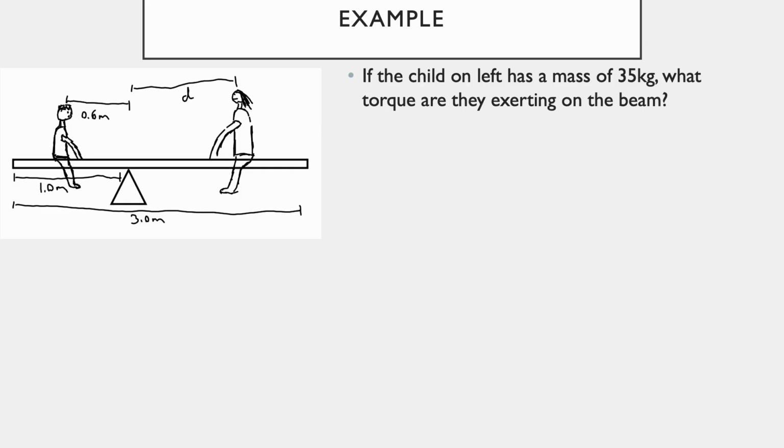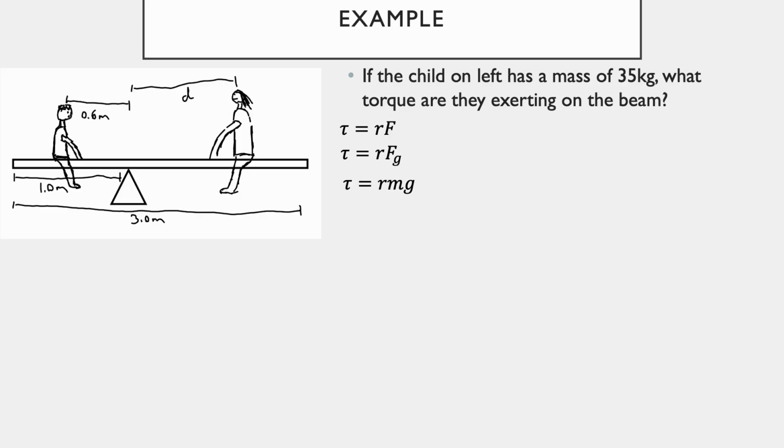So we'll look at some examples. If a child on the left has a mass of 35 kilograms, what torque are they exerting on the beam? So we just have torque is equal to radius, or our distance, times our force. Now in this case, our force is the force of gravity acting on the child.